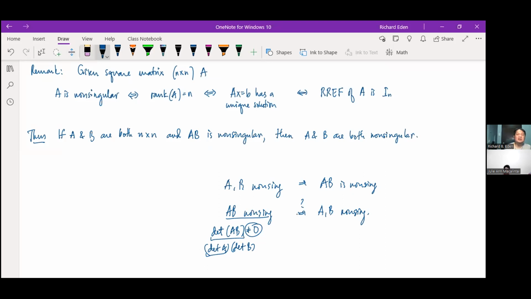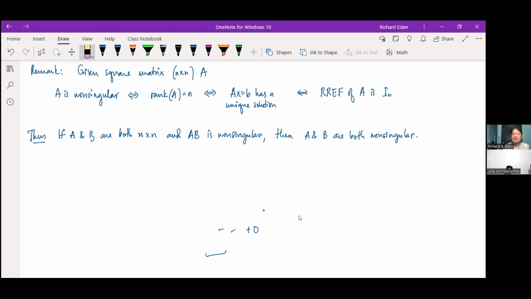How do we show that, even just for A first, because we believe if we can show that A is non-singular, then we can maybe just adjust the solution to show that B is also non-singular.